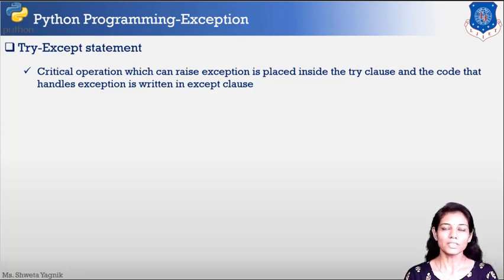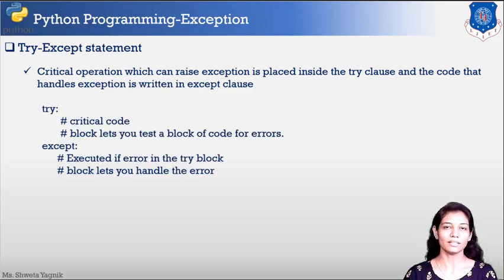The critical operation which you think can raise an exception should be kept inside a try block, which tells Python to try to execute it, and if there is an exception, we have the except block to handle it. This is the syntax of it. Within try, you keep your critical code which may throw some exception, and the except block will handle it, and your program will not terminate abruptly.